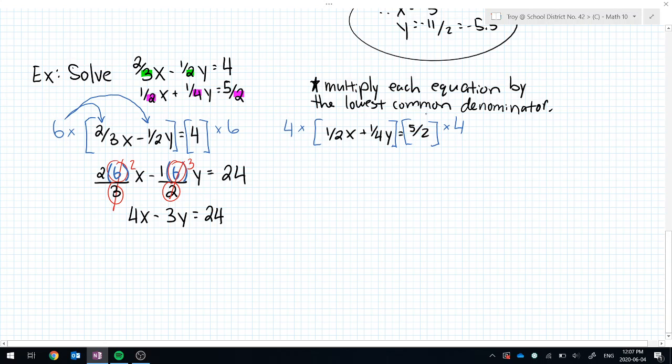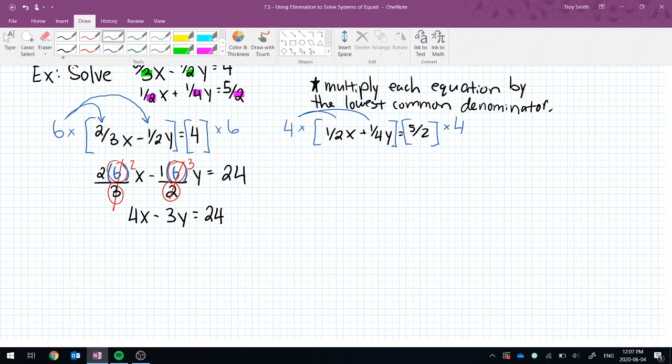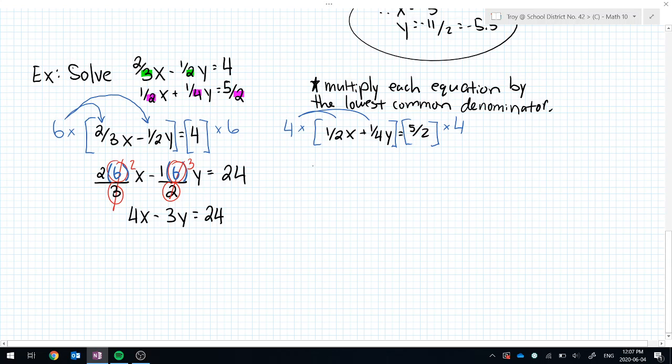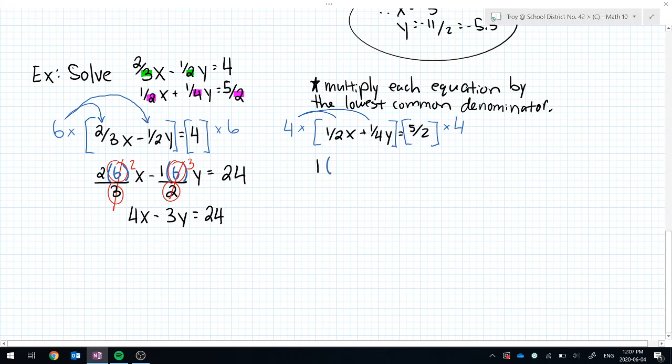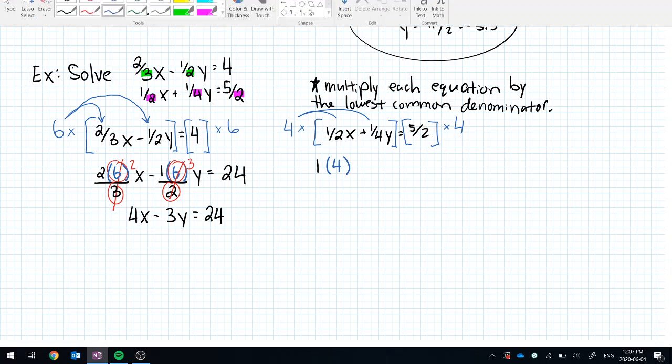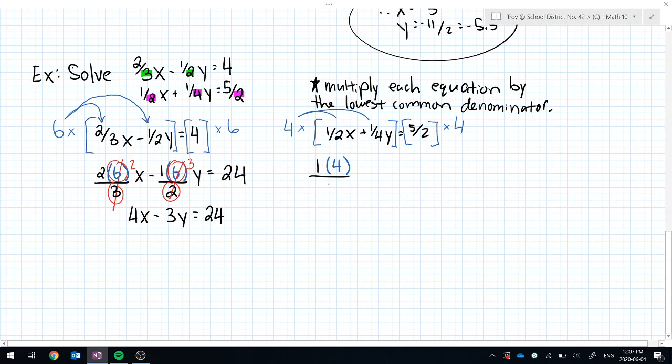Over here on the right-hand side, now we have a fraction, but it'll still work out the same way. We won't have a fraction left over there. And of course, we're going to have to distribute that 4. So what we end up getting here is 1 times our 4 divided by 2x plus 1 times 4 again.